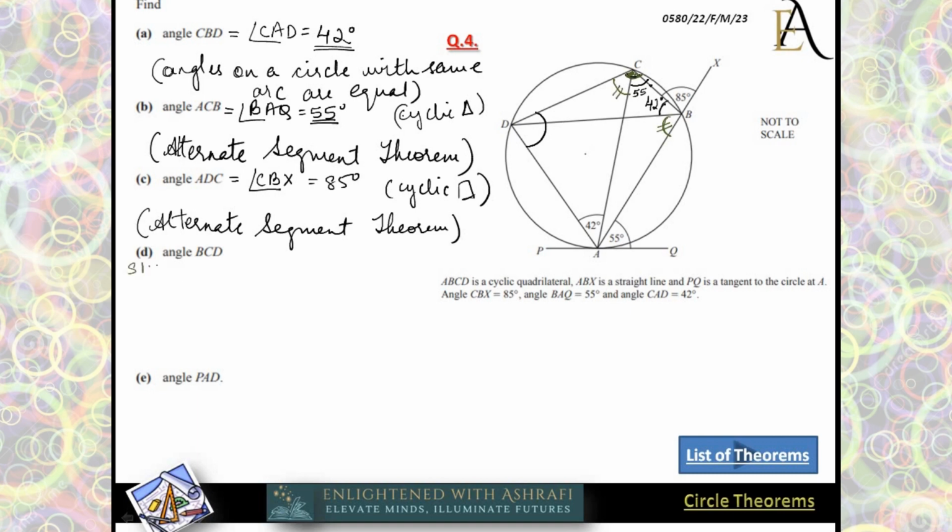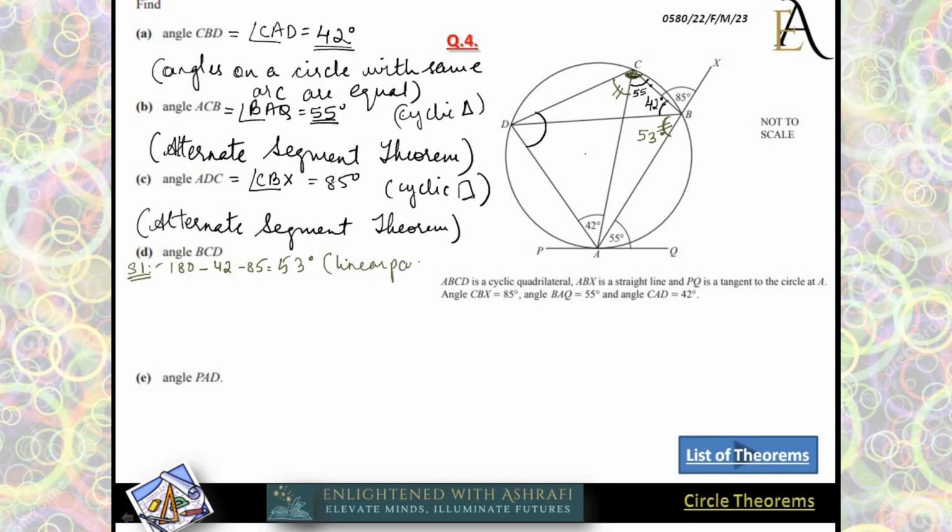So step 1 is 180 minus 42 minus 85, which gives me 53 degrees. So this becomes 53 degrees.